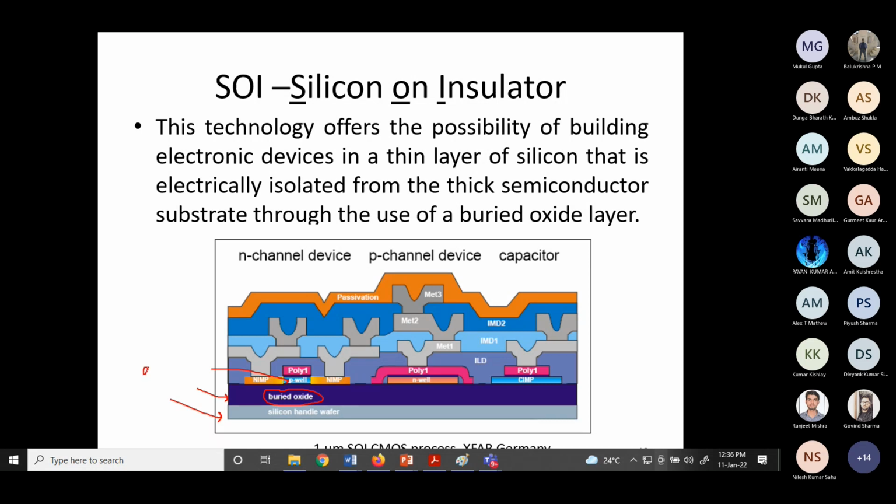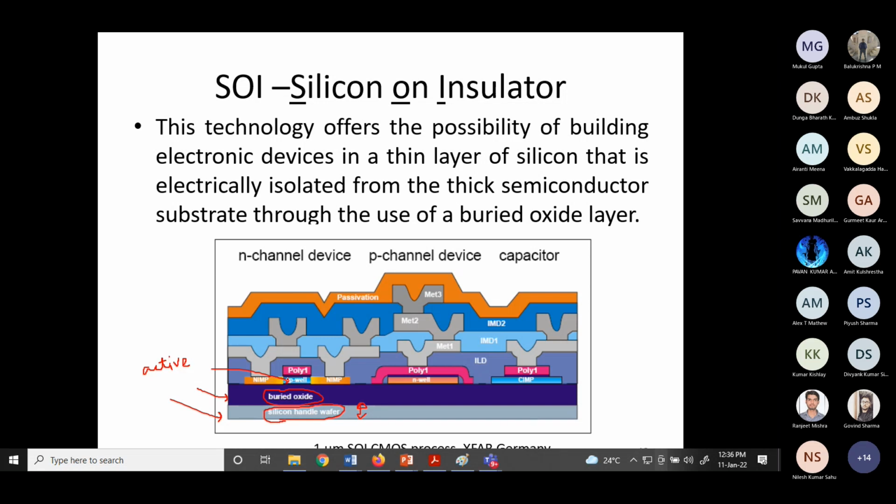This active silicon basically contains all the devices, whereas the silicon underneath the buried oxide is known as handle silicon. The handle silicon gives mechanical stability, because it is much thicker, maybe a few hundred micrometers thick.